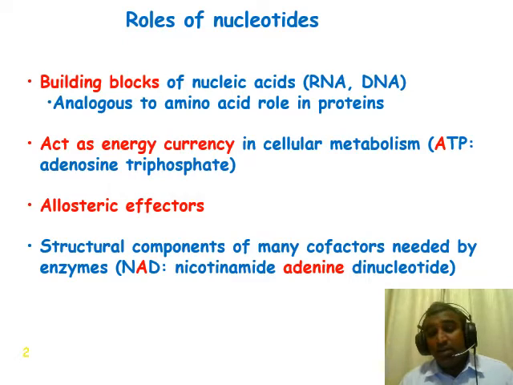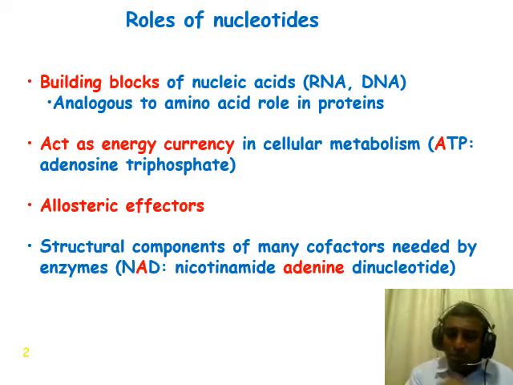Okay? And then you have allosteric effectors. The nucleotides in our body can also act to activate the enzyme. Enzymes have an active site. They also have, close to the active site, something referred to as a regulatory site. So NAD, ADP, GDP, they can bind to this regulatory site and actually control the function of the enzyme.